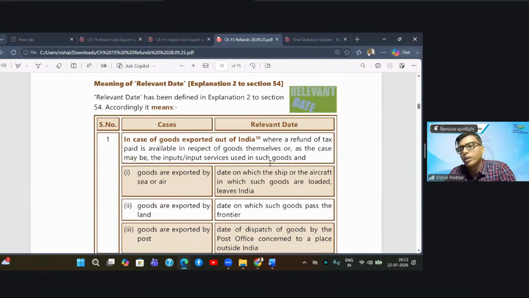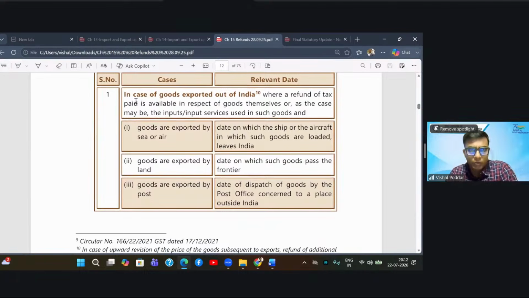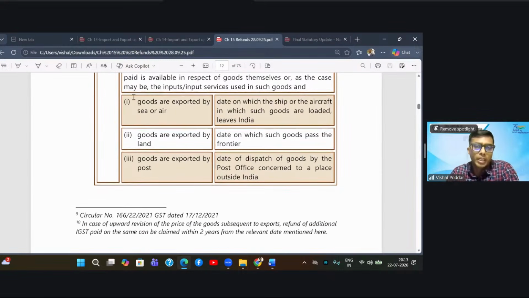Now, what is the relevant date? That is the date from which 2 years will be counted. Now, different scenarios, different relevant dates are provided. First, where it is the case of export of goods and the refund of tax is available in respect of the goods themselves or as the case may be of the inward inputs.